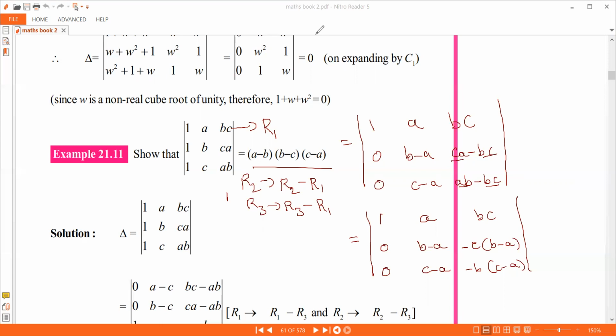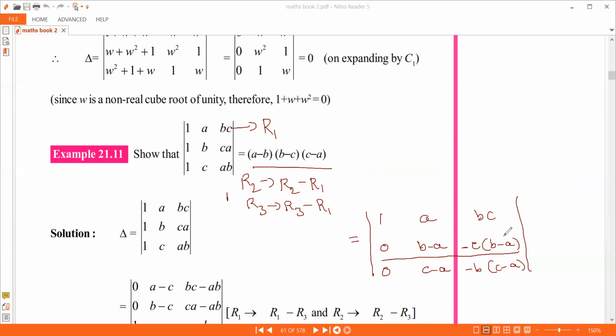Now what I have to do? Why did you take minus C? I will tell you. Observe this row. I have B minus A common. So I have B minus A common from this row, and C minus A common from this row, the third row.